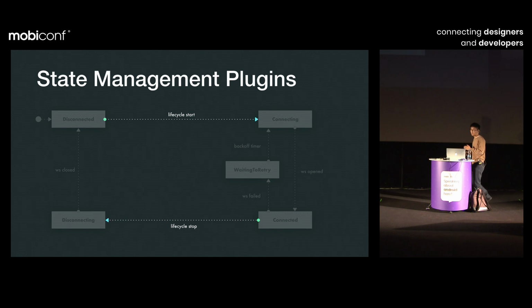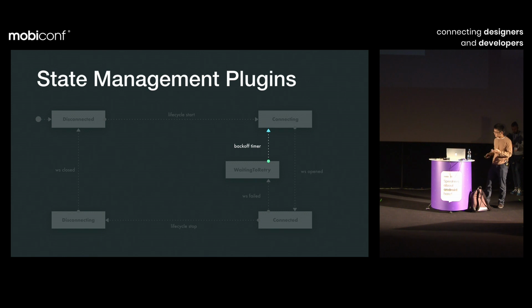You can use the concept of lifecycle to describe when Scarlet should keep the connection open. You can also use a back-off strategy to configure how long the retry duration is when the connection fails.